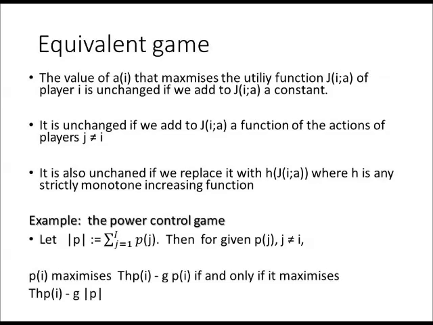So here is an example that is taken from the power control game that we had. First we denote by absolute value of P the sum of the components of a vector P. Next we shall show how these properties allow us to actually solve the power control game that we just saw.